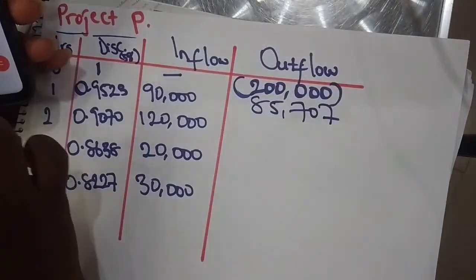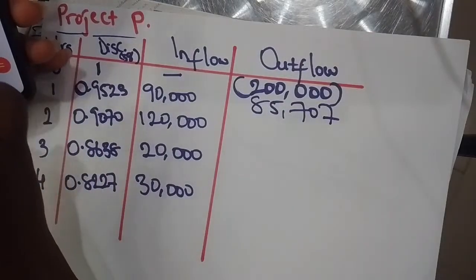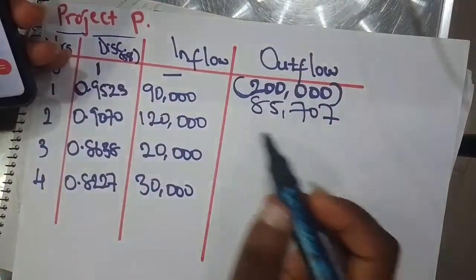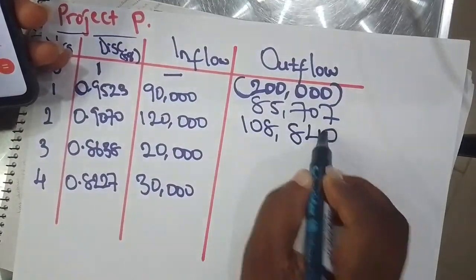Year two, 120,000 times 0.9070 is 108,840.